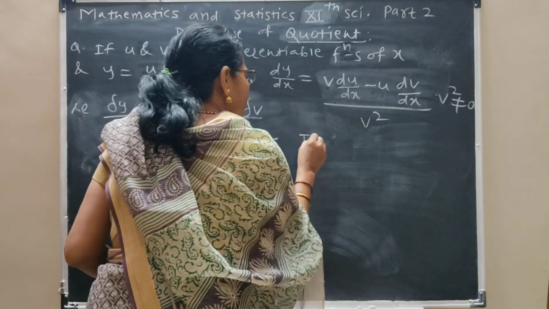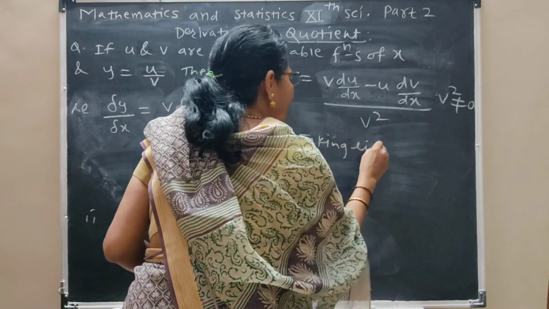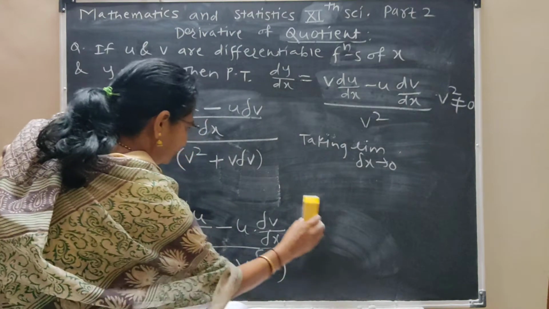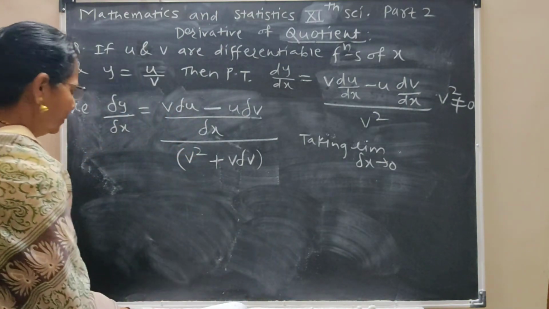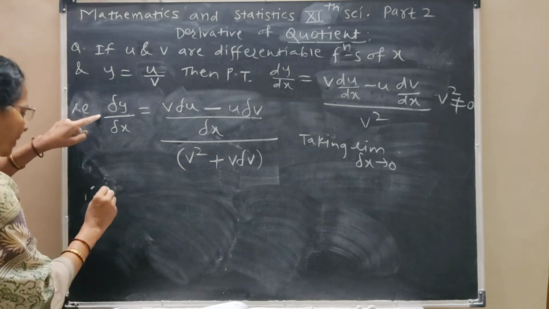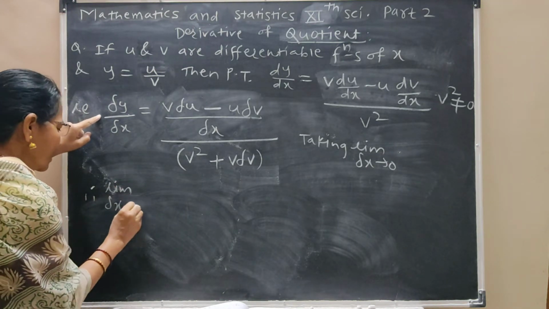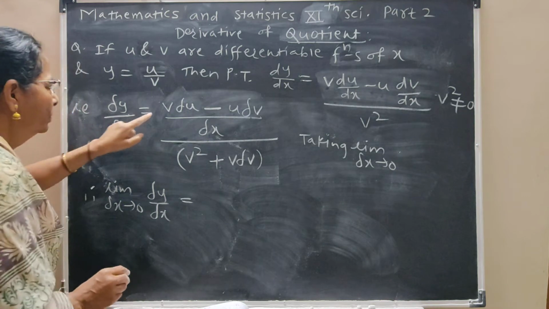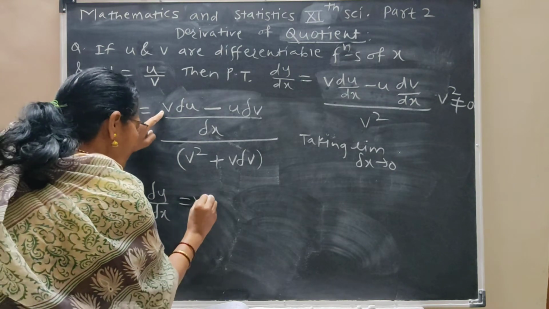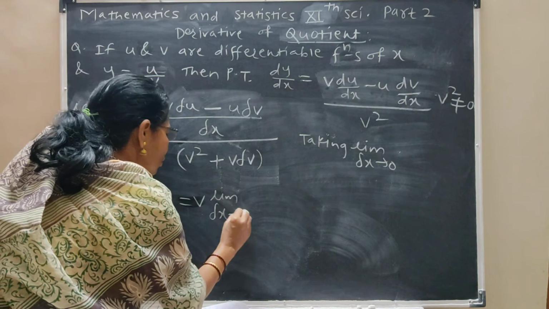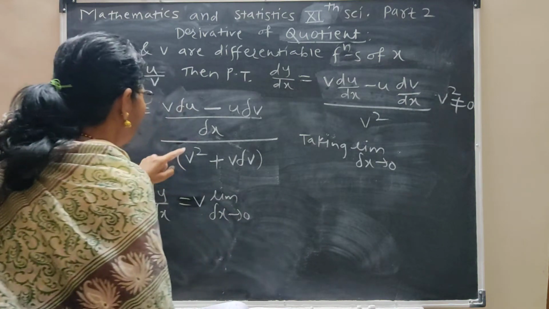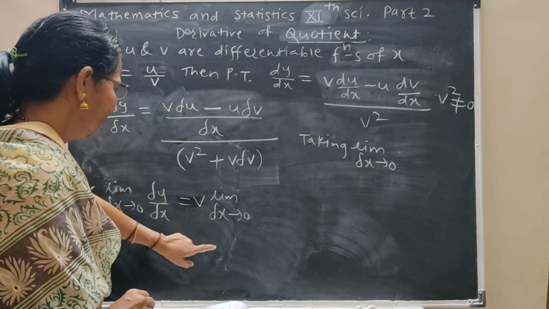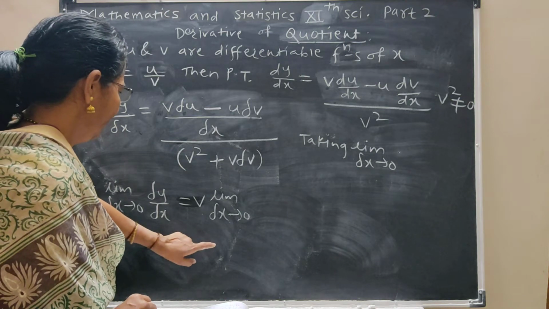Taking limit as delta x tends to 0, therefore limit as delta x tends to 0, delta y by delta x is equal to v limit as delta x tends to 0 of delta u by delta x.